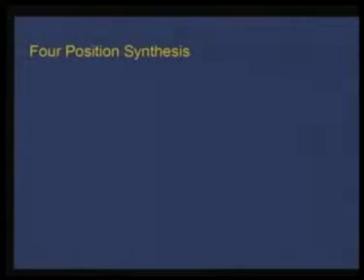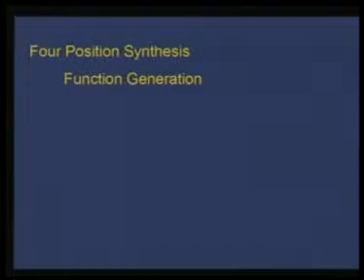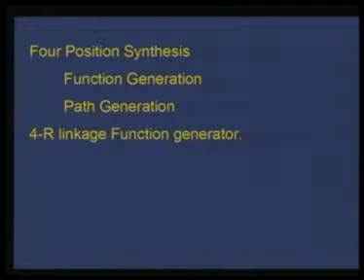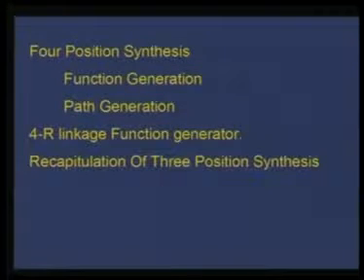If we recapitulate the function generation, path generation, for 3-position synthesis, what we have seen is that we consider the 3 inverted positions of a particular revolute pair, and then the center of the circle passing through those 3 inverted positions determines the location of the other revolute pair.